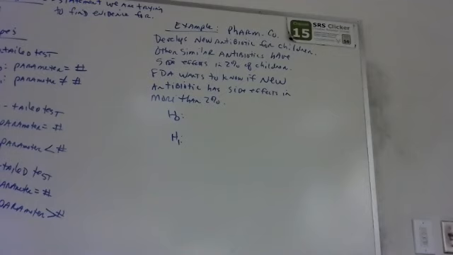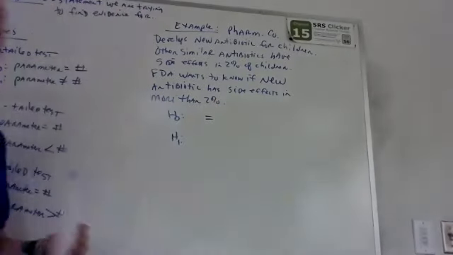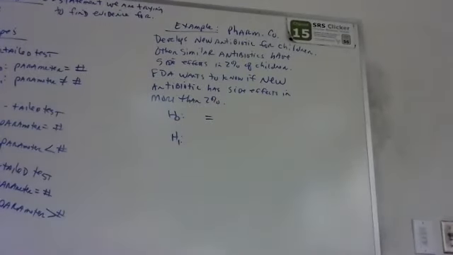So, I'm going to pick on Christopher. Okay? So let's review our statements here, especially this one. What does that say? Always has an equal sign. So I'm going to start off with my equals for my null. What do you think the null hypothesis is? Something equals something.